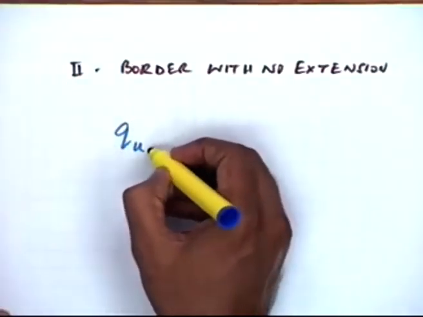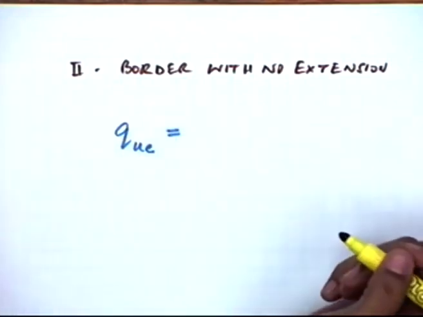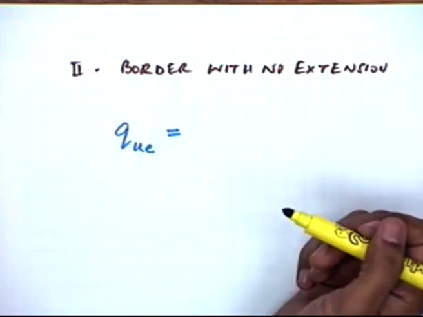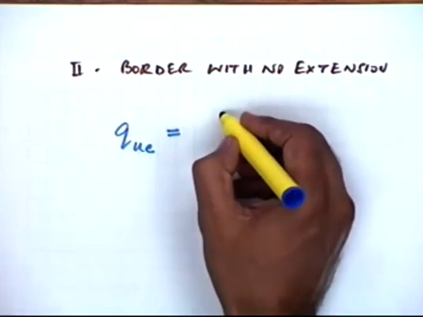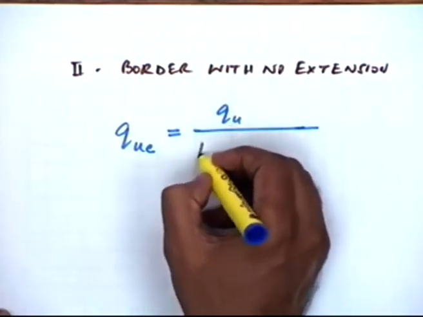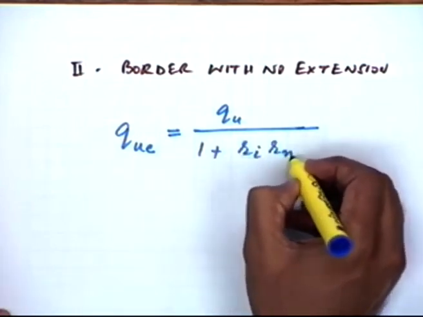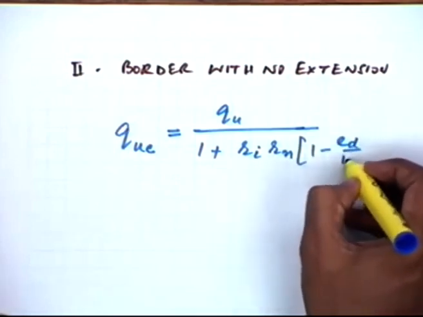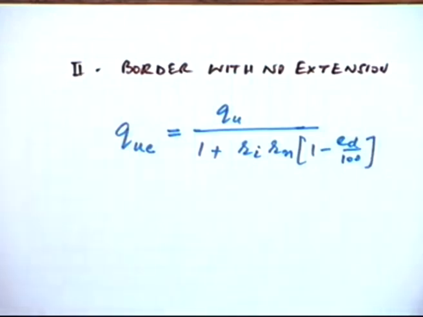When you have to do that, the relationship which is used to find out the unit stream size, the changed unit stream size, involves Ri, Rn, and there is a relationship where we had seen last time that Ri is dependent on the intake family or the soil characteristics, and the Rn is the factor which is used to account for the effect of the roughness coefficient.